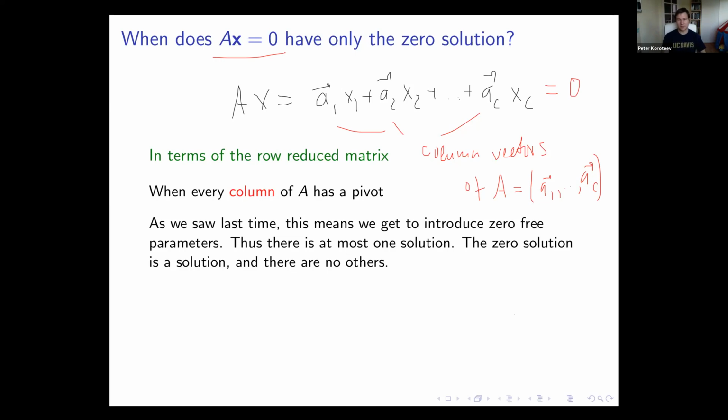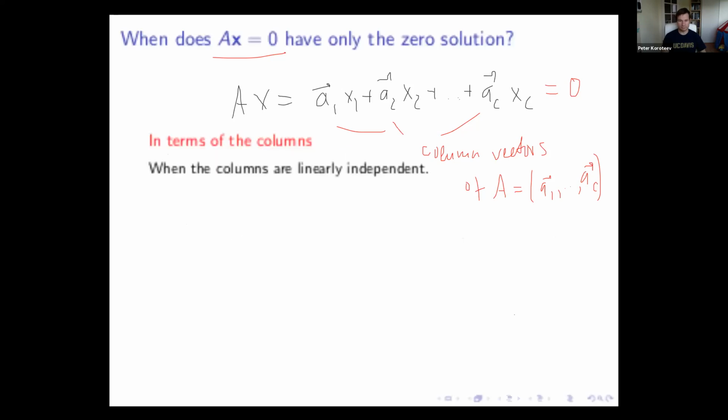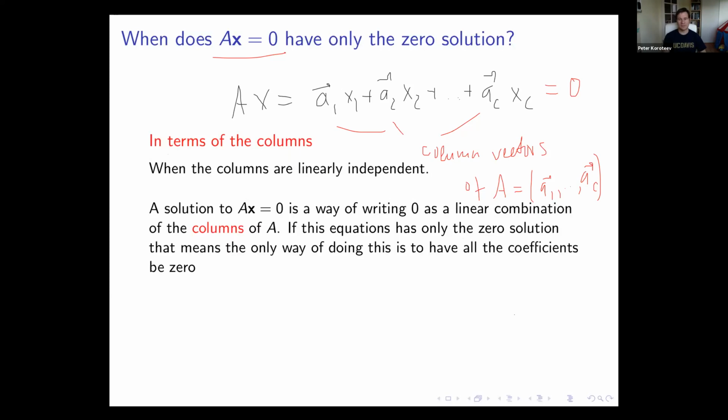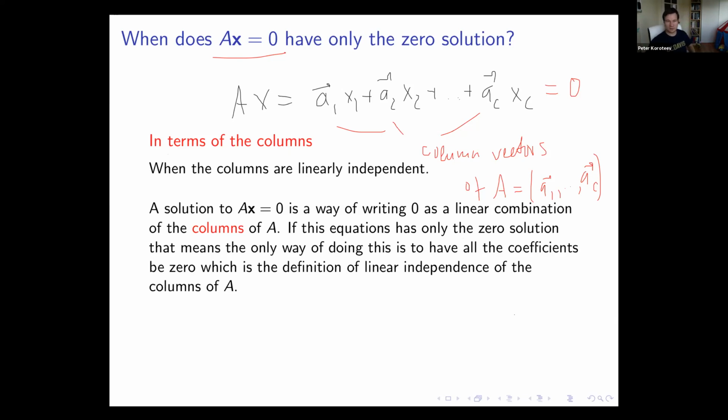If there's one solution, there are no others. Yes, columns are linearly independent. This just repeats what I said. If this equation has only the 0 solution, that means the only way of doing this is to have all coefficients be 0, which is the definition of linear independence. I hope this should be clear.